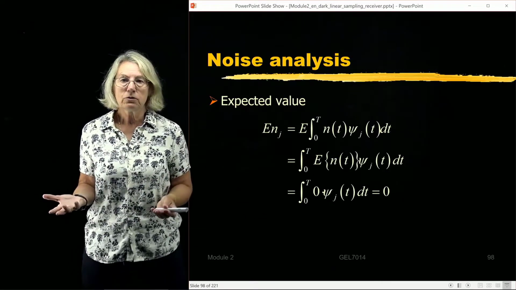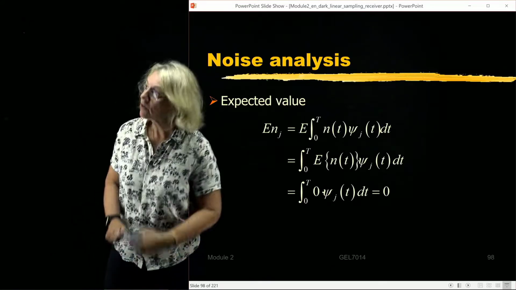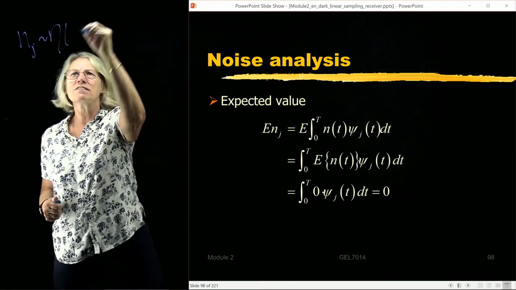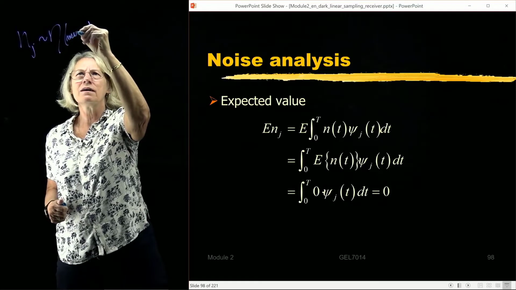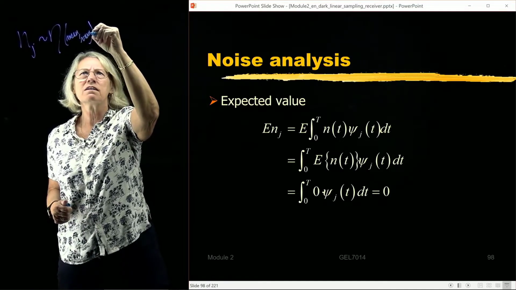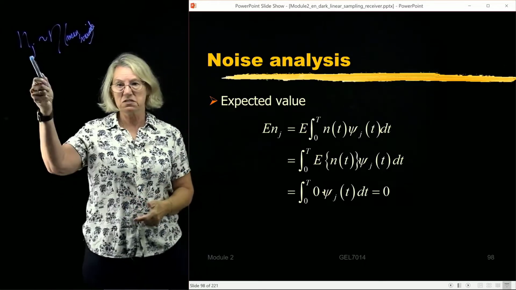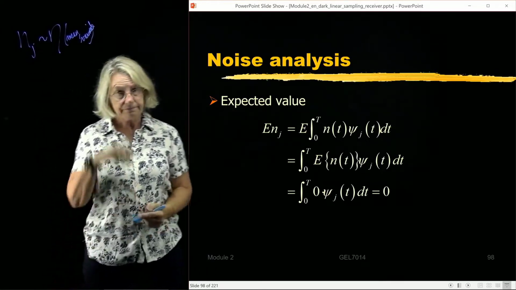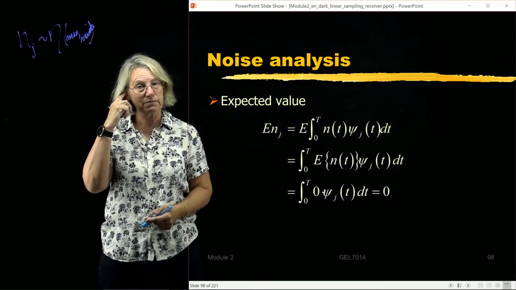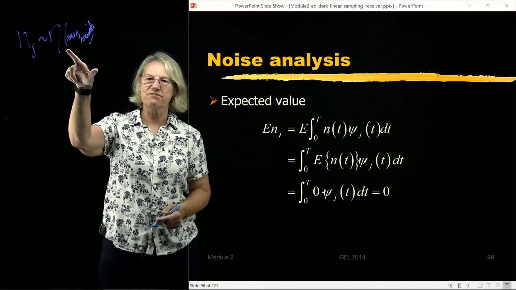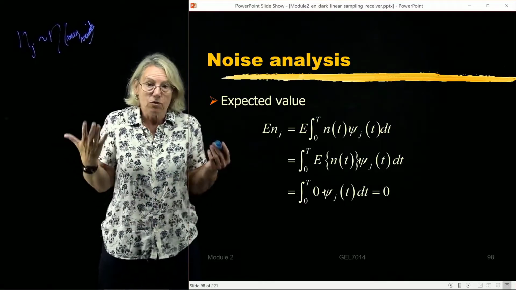So I know that all the n_j's are Gaussian, right? And they have some mean and they have some variance. And so if I want to characterize this random variable, this is what I need to find. What is the mean and the variance? Because I know it's Gaussian.